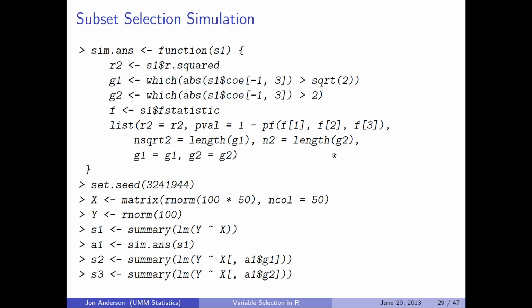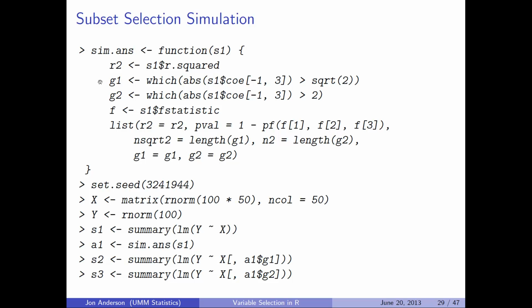Now there's some complex simulations going on here, and I don't really expect you to understand all of this coding here on overhead 29. But basically what I'm doing is, for this randomly generated data, I'm saving the value of R squared.